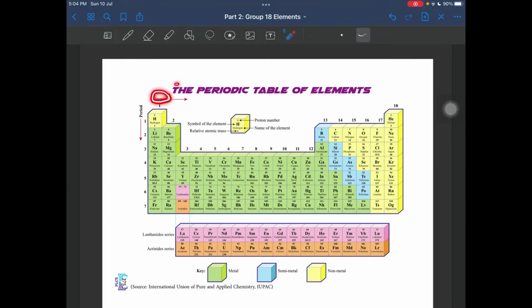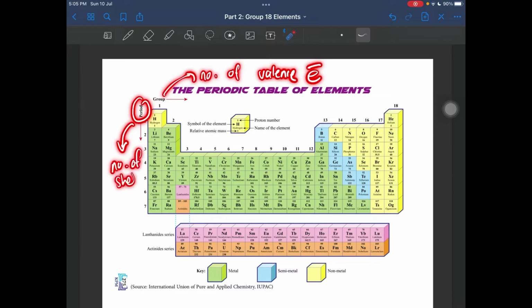And the group is determined by the number of valence electrons, while the period is determined by the number of shells occupied by electrons, right?